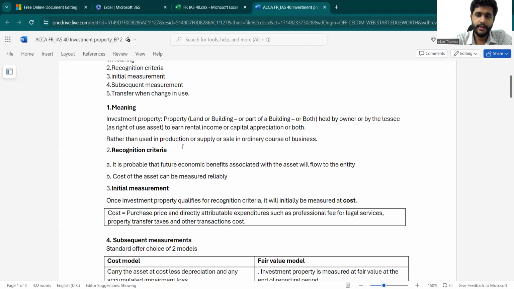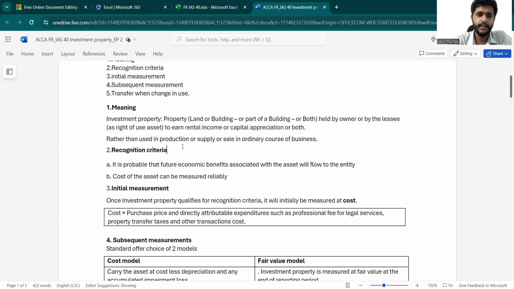So there is a certainty in the future that the asset will generate economic benefit, that is the rental income. Also, the economic benefit can be the land appreciation value. So this appreciation is also certain because the land is never going to depreciate. It will only appreciate. That is also a future economic benefit.